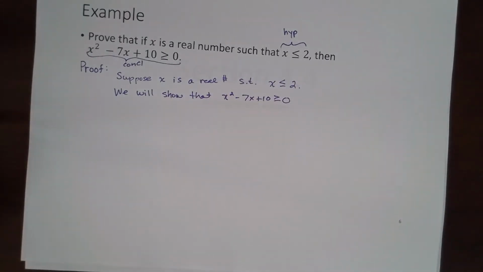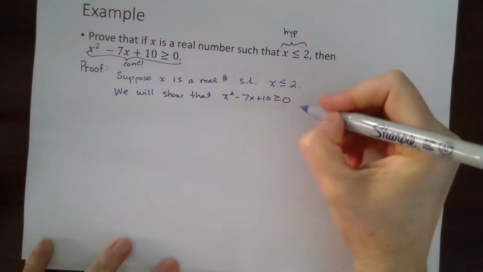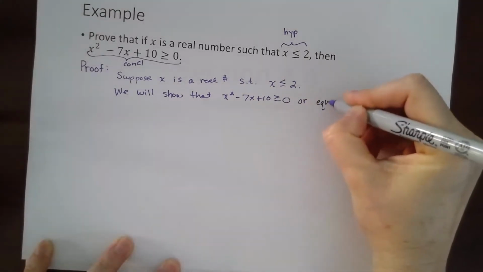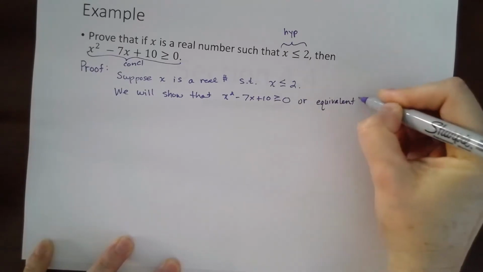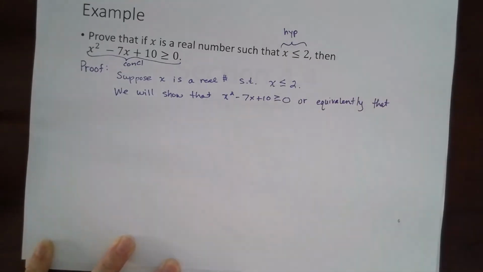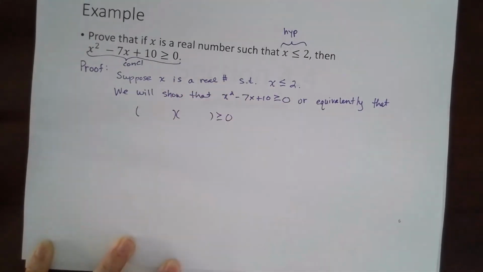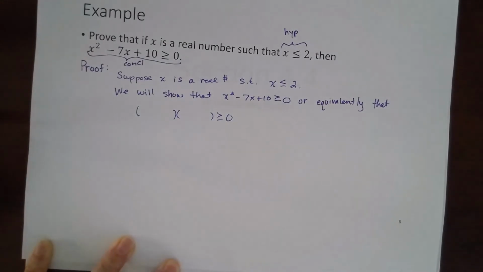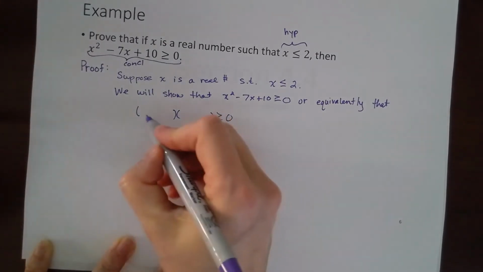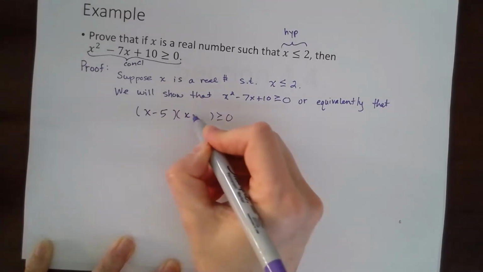Now, if you look at that expression and you want to show that this thing is greater than or equal to 0, do you have a gut feeling about what you might want to do with it? Factor it. So I'm going to put here, or equivalently, and if we factor this, it factors into x minus 5 and x minus 2.